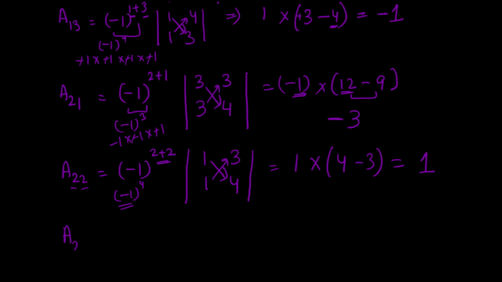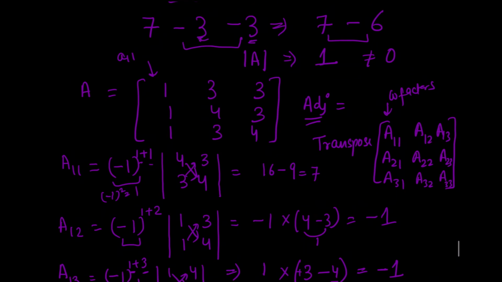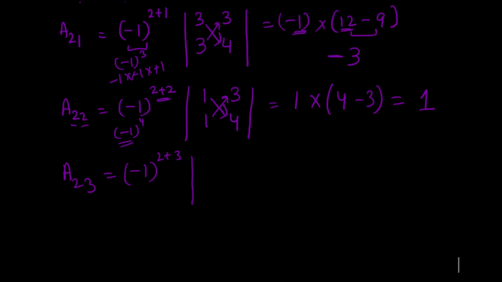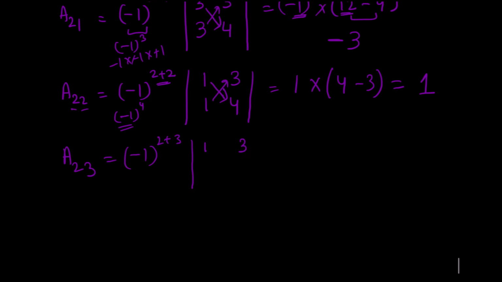Now let's find A23. So again this will be minus 1 to the power 2 plus 3, and then you need to find the determinant for elements other than elements of row 2 and column 3. So you get 1, 3, 1, 3.